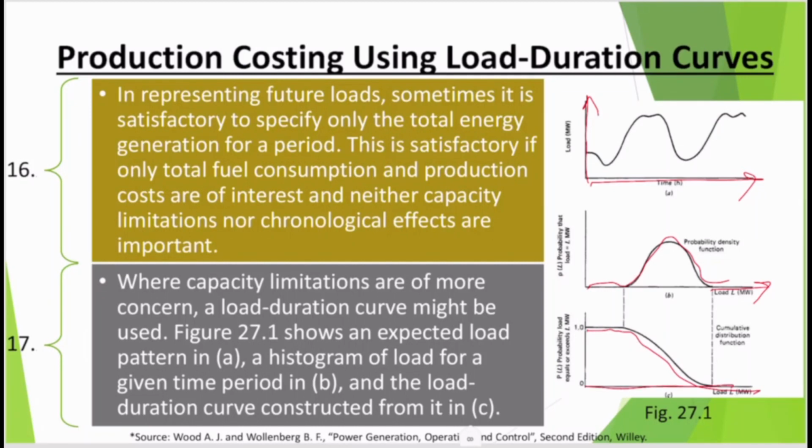This is my load, and this is going to be with time. So what you are saying basically is, this many times your load is more than a particular level, this many times the load is more than a particular level, and so on. So it is basically my cumulative distribution function, and the first one is my density function.